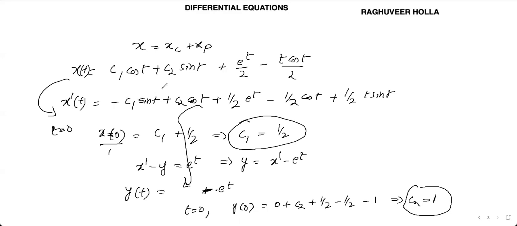So let us substitute it. Now we get x, when we substitute c1 and c2, as half cos t plus sin t plus e to the power of t divided by 2 minus t by 2 cos t.